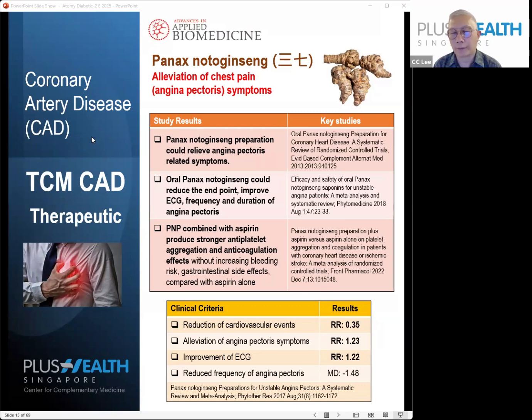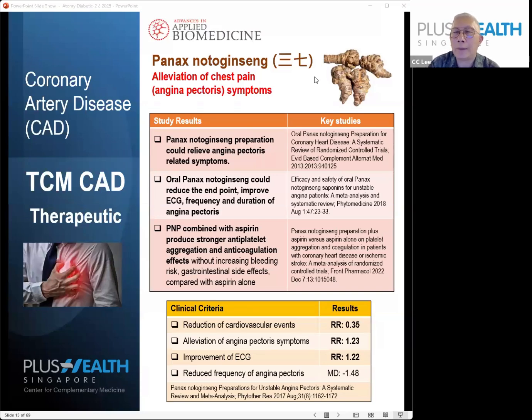In the TCM context, there is a compound called Panax notoginseng. This is not the normal ginseng, it's Panax notoginseng. In Chinese, it's sanqi or tianqi. This is another type of ginseng, but it's not the normal Panax ginseng we are talking about.